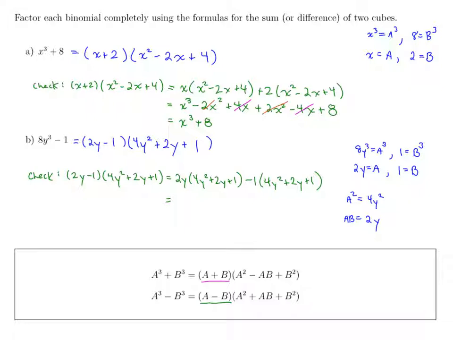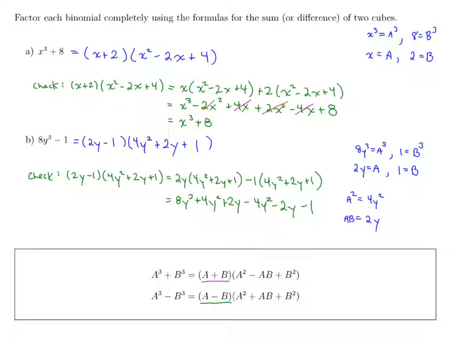So when I do that, I'll distribute this 2y first. I'll get 8y cubed plus 4y squared plus 2y. And then when I distribute, I'll subtract 1 times that expression 4y squared plus 2y plus 1. I can actually just think of this as subtracting every term in there. So I'll subtract 4y squared, I will subtract 2y, and then I will subtract 1. And this point, again, is when I'm going to see what cancels.